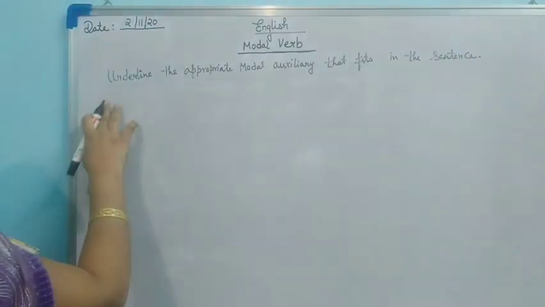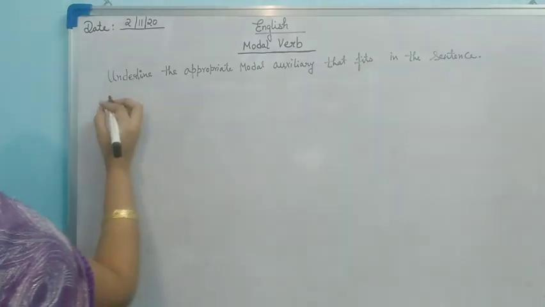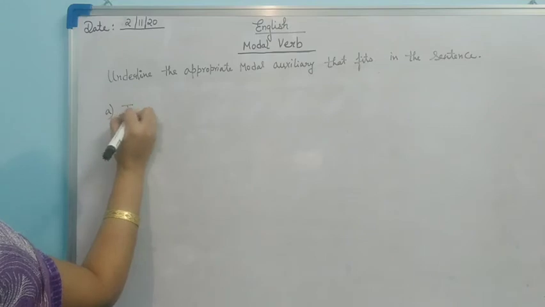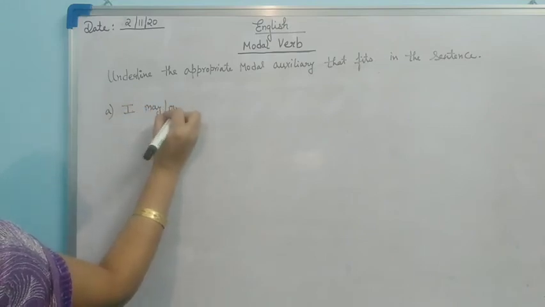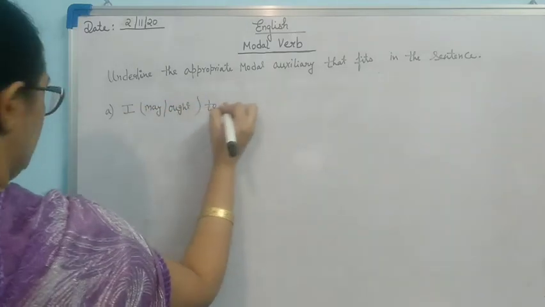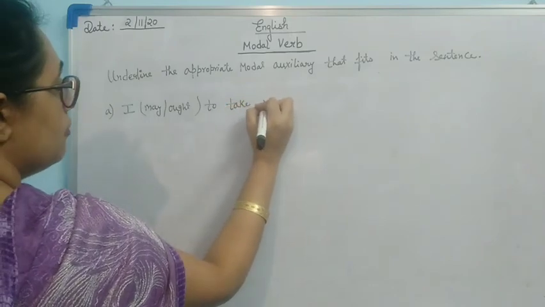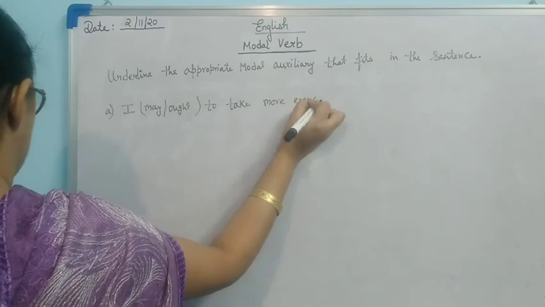Okay, I've underlined the appropriate modal or auxiliary that fits in the sentence. Now I will give certain lines. A. I may or ought to take more exercise.